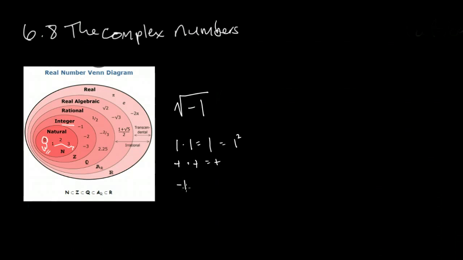If I take a negative 1 and multiply it by a negative 1, that will also give me a positive 1. So a negative times a negative also generates a positive, and in this case we have the quantity negative 1, and we're squaring it. In both those cases, we end up with a positive number.